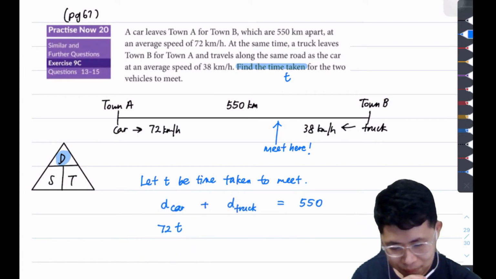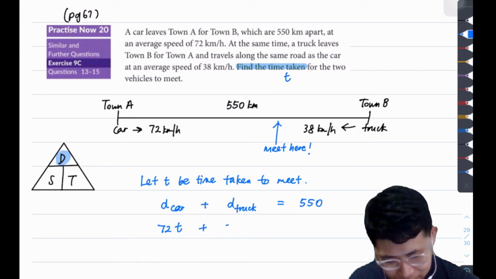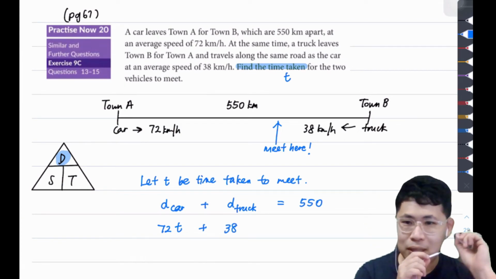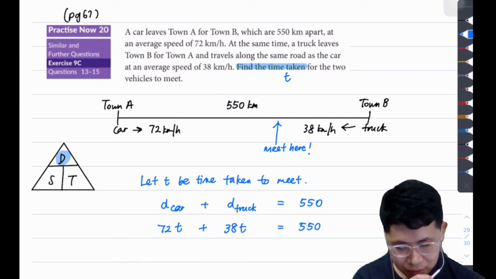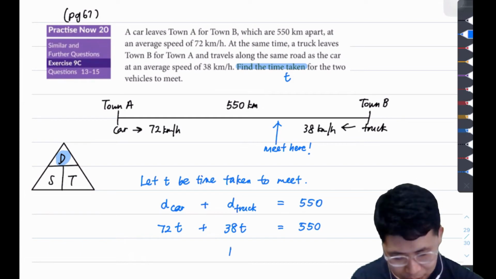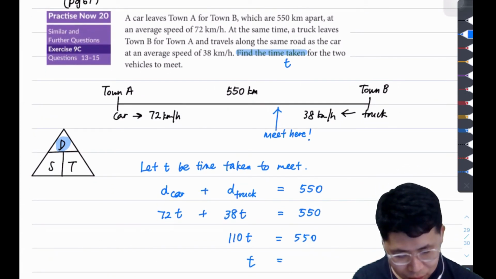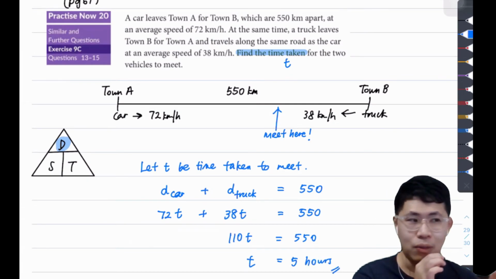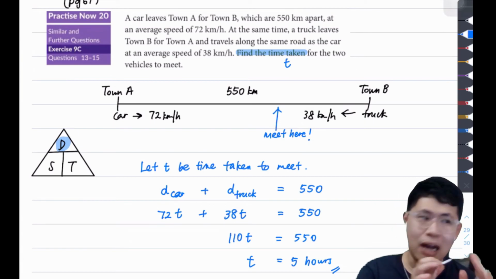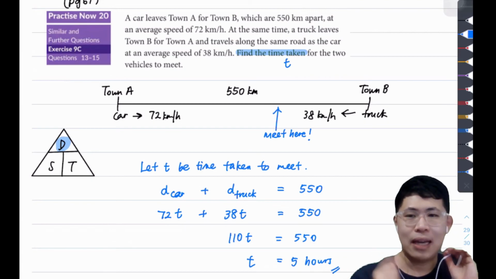And then the speed of the truck is 38, and distance equals speed times time, so it will be 38 times t. So this equals 550. So 72 plus 38 gives me 110t equals 550. And voila, we can solve: divide by 110. t will be equal to 5. And because everything is in kilometers per hour, the unit of time is in hours as well. So it will take the car and the truck 5 hours to meet at the central spot.